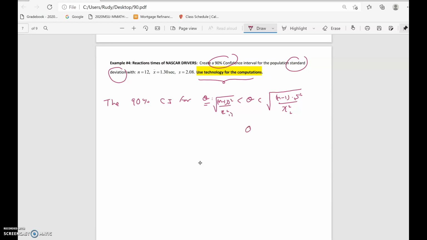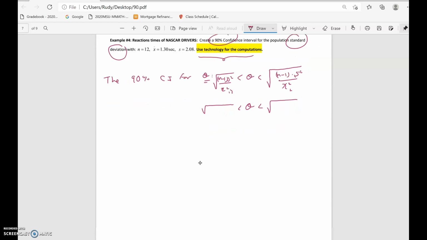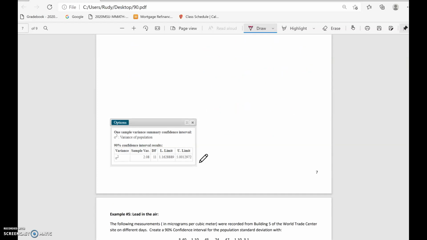Technically, this one uses the square root of the previous answer. I just happened to put in the code here, but the code only gives you the variance, so we're going to have to take the square root of those two.